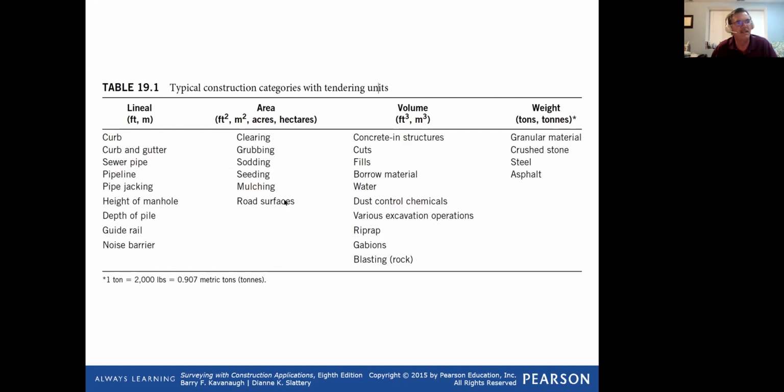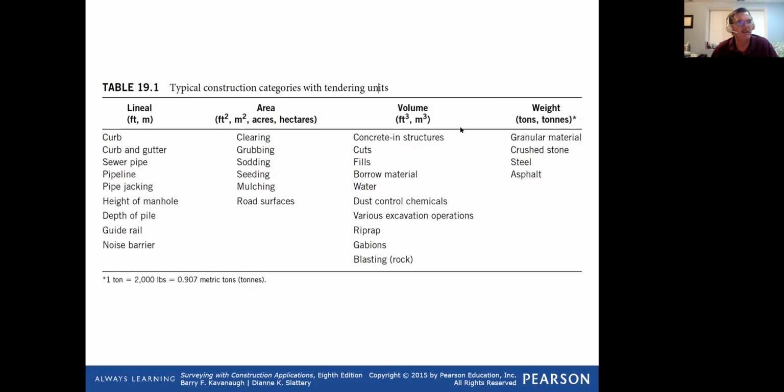Road surfaces tend to be done in square feet also, or actually a lot of this is done in cubic feet, as we're going to get to with volumes. They've got it here as far as area, but when you're talking about mulching, how thick are you putting it? And when we get to road surfaces, we're going to be looking at the thickness of the roadway and how that all comes into play. We'll look at that here in a few slides.